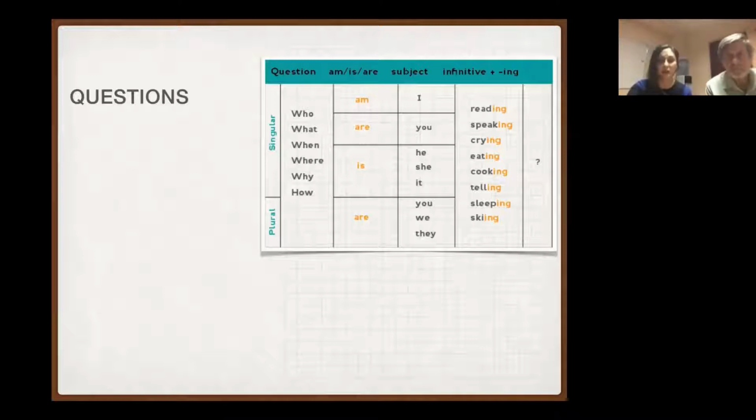But that's for yes or no questions. Are you reading? Are you writing? But if we deal with WH questions, we put the question word before it. So, for example, who is reading? Who is writing? Etc.